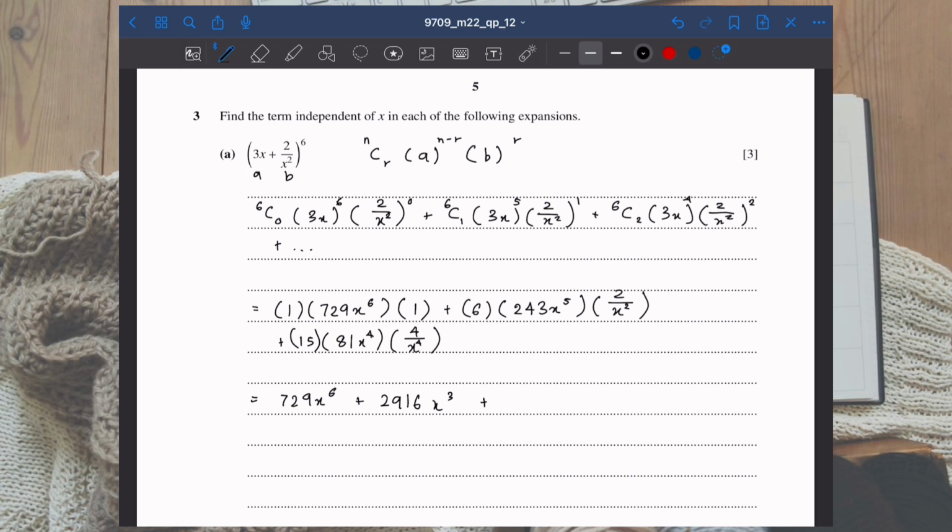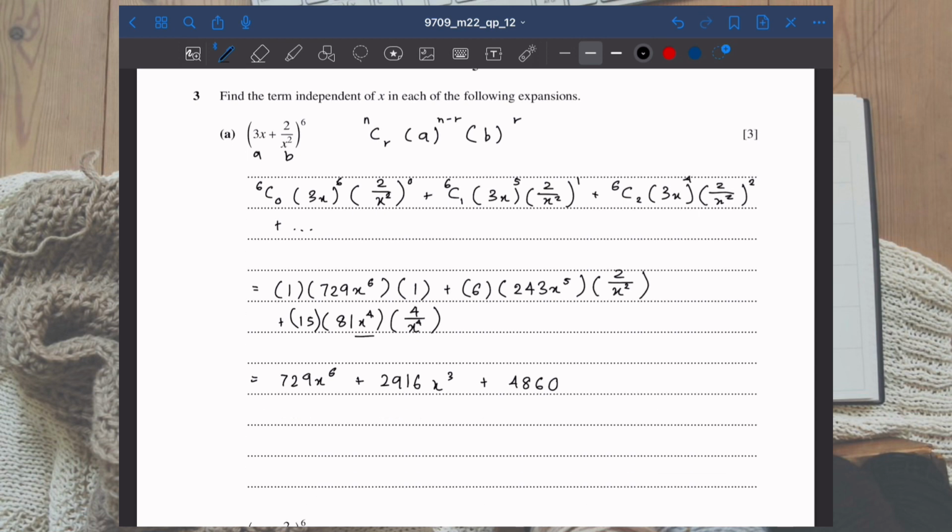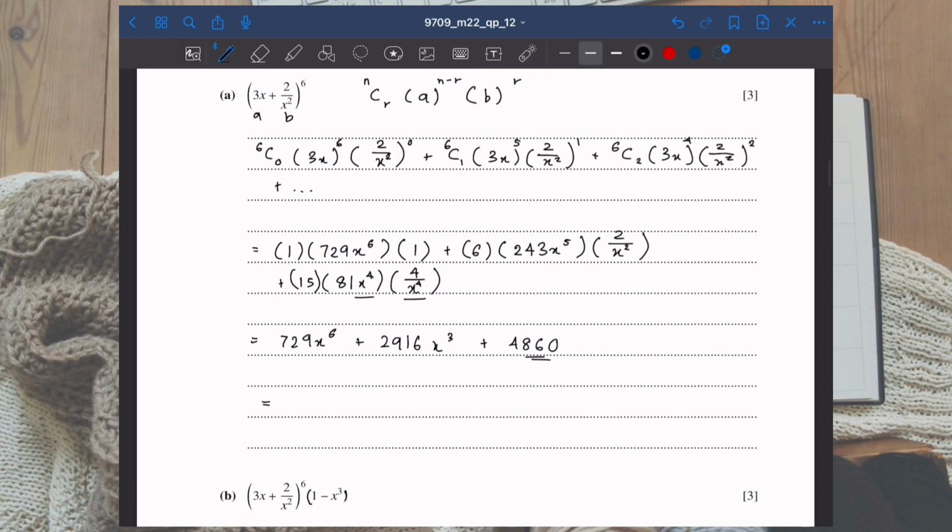And then we have our third term, which is 15 times 81 times 4, 4860. And if you notice, x^4 times 1 over x^4 is just 1, so this has no x. So 4860 will be our term independent of x.